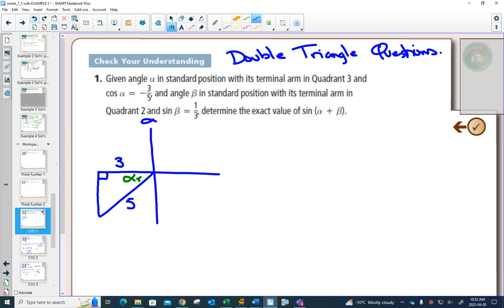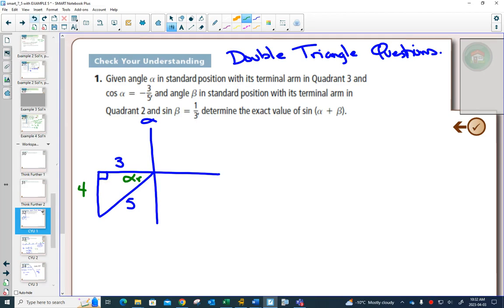We have to think of our CAST rule always to figure out which things are positive and negative. Once you've labeled that, you are able to do a squared plus b squared equals c squared. This is probably one you even recognize as the famous 3, 4, 5 triangle. And once you have this, you could figure out what sine of alpha, cos of alpha, tan of alpha is.